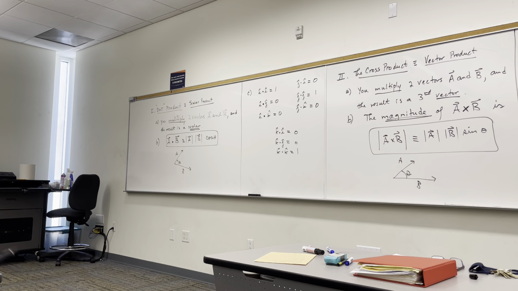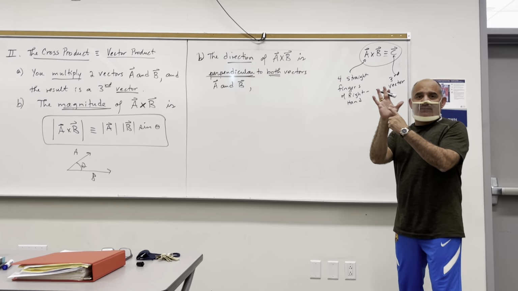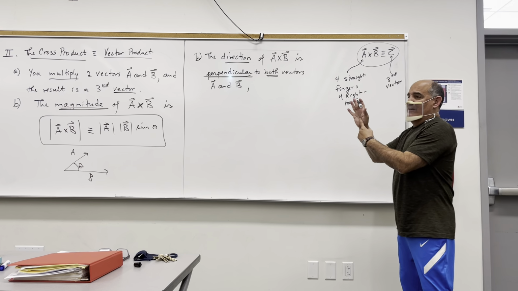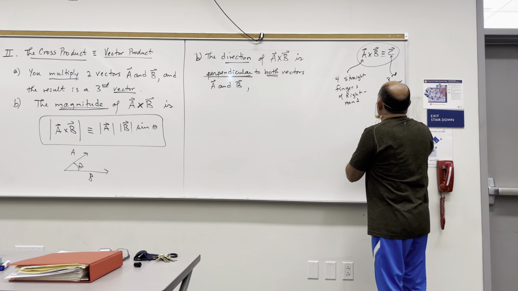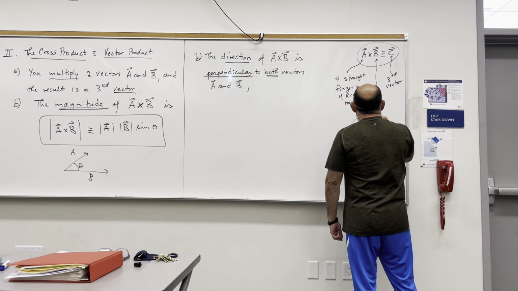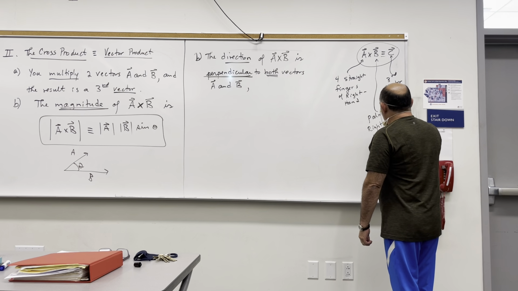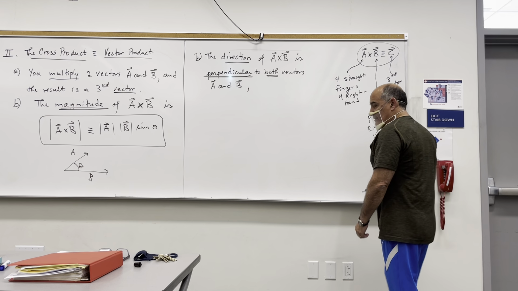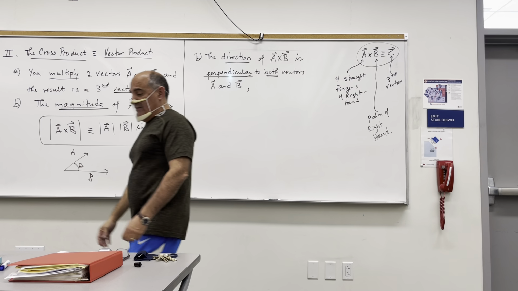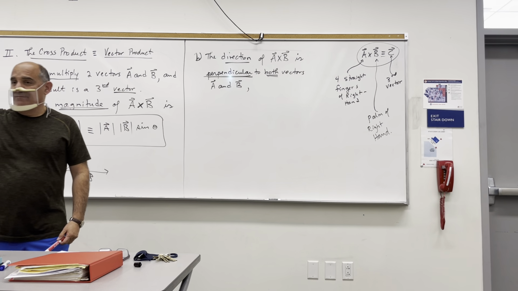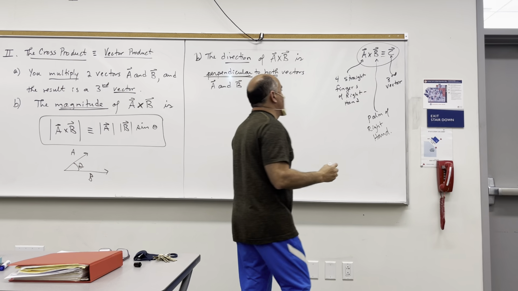This is just a trick. And then the palm of my right hand will face in the direction of the second vector. And then the answer is going to be in the direction of my thumb, the thumb of my right hand.